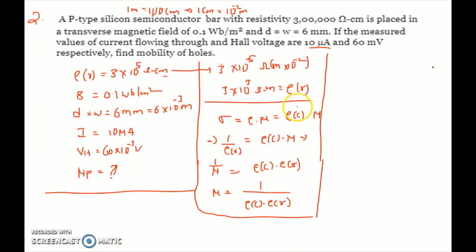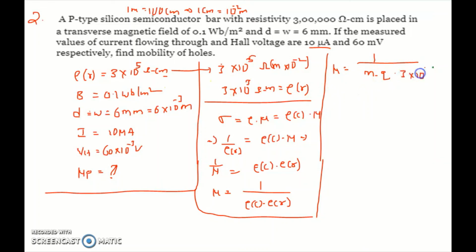Okay, next. So mu is equal to 1 divided by charge density into resistivity, where charge density can be given as n into q. Resistivity is already there, that is 3 into 10 power 3.